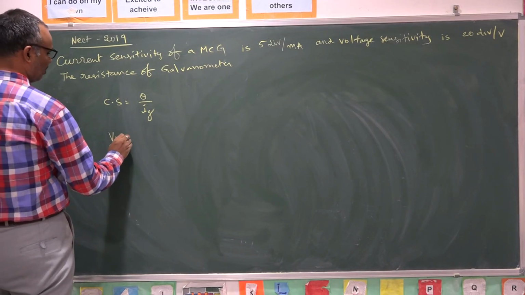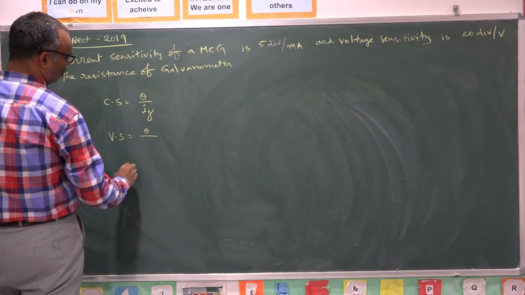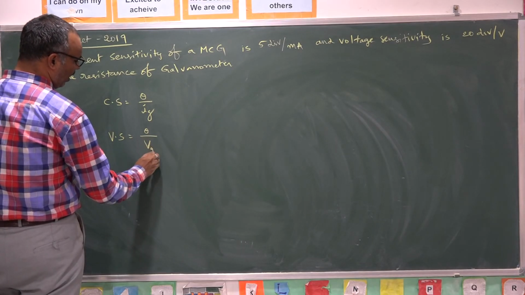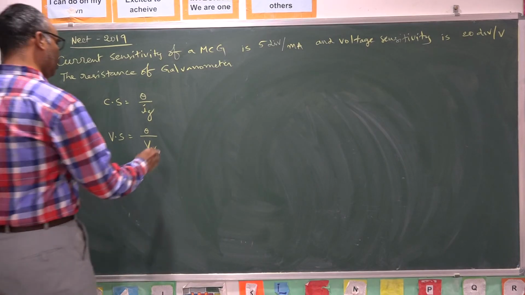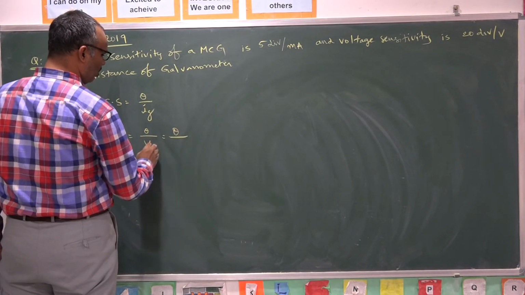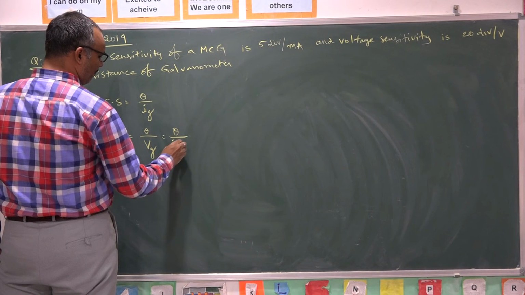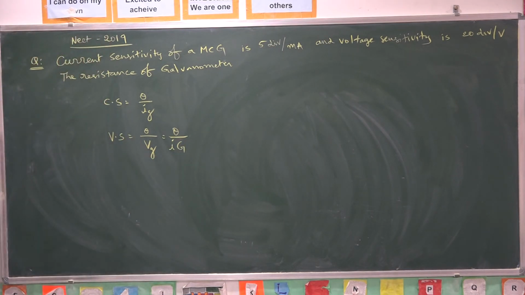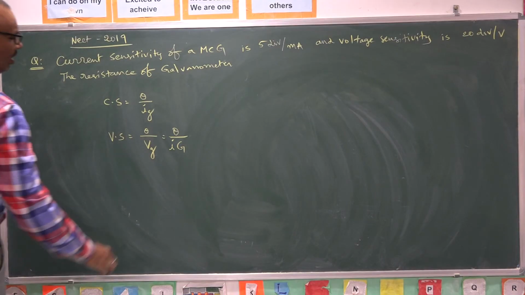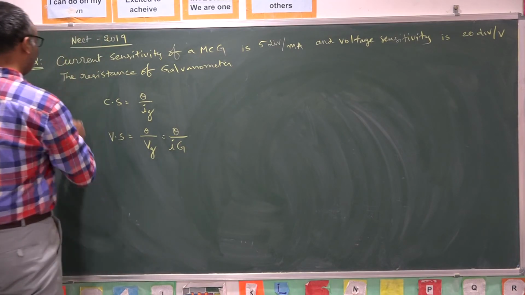Voltage sensitivity means deflection produced by applying unit potential difference across the galvanometer. So you know that voltage is given by IR. So here G is the resistance of the galvanometer. This is the solution part.